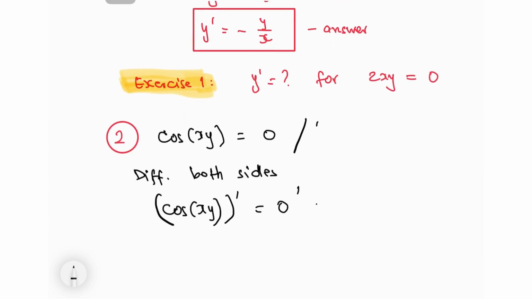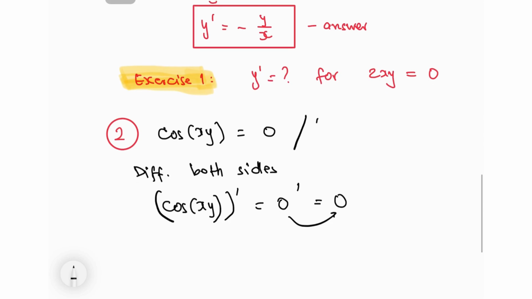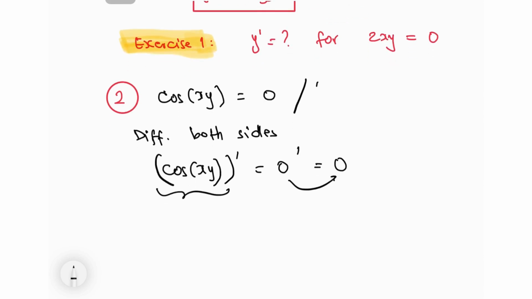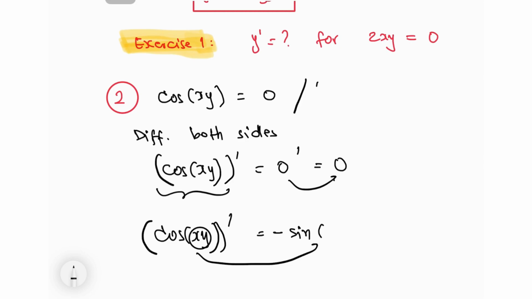Now 0 differentiated is just 0. Now we differentiate cosine xy. Cosine becomes minus sine of xy, and then we need again to differentiate xy prime.